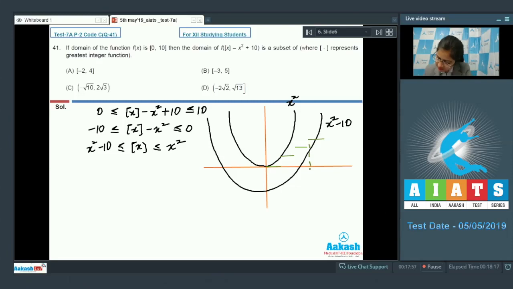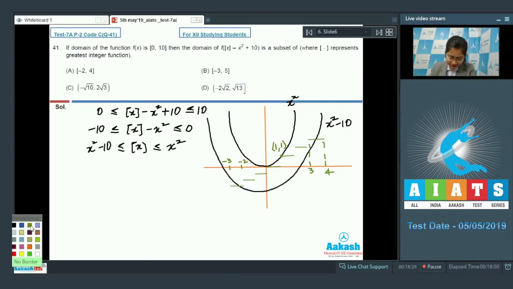Right? This is 3 and this is 4. And this is 1 comma 1. On the negative side also, it will be like this, from -1 to 0, from -3 to -2. So this is -3 and this is -2.